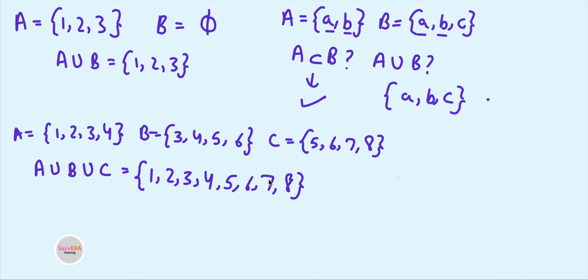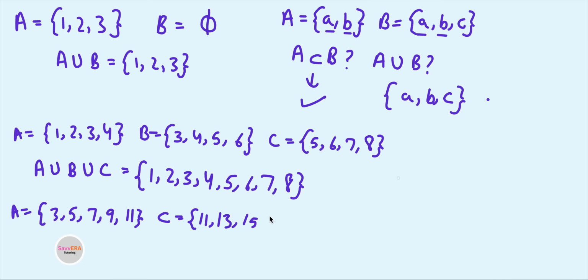Okay? And then the next question, it says, let's say that there's set A, and we have 3, 5, 7, 9, 11, and then C equals 11, 13, 15 as our elements, and then set D has elements 15 and 17.